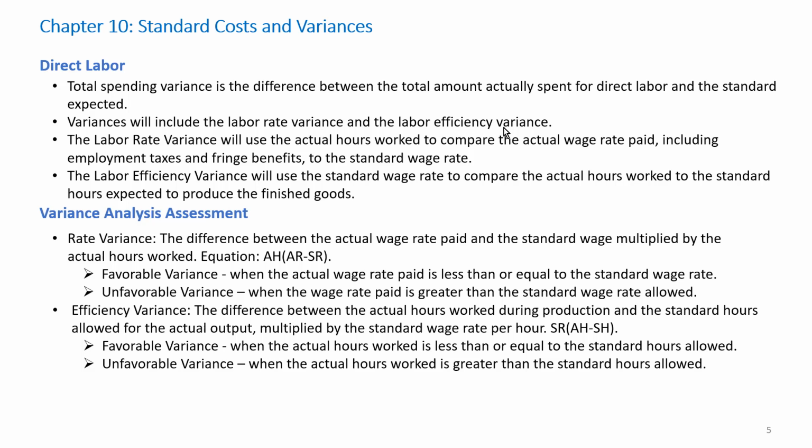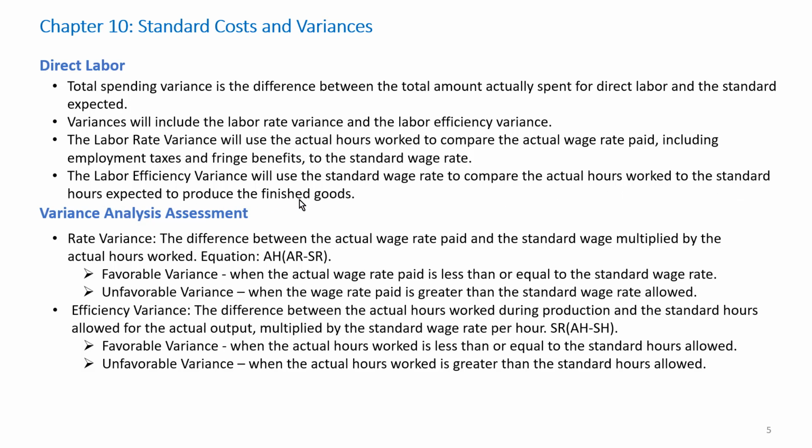The labor rate variance will use the actual hours worked to compare the actual wage rate paid, including employment taxes and fringe benefits, to the standard wage rate. The labor efficiency variance will use the standard wage rate to compare the actual hours worked to the standard hours expected to produce the finished goods.